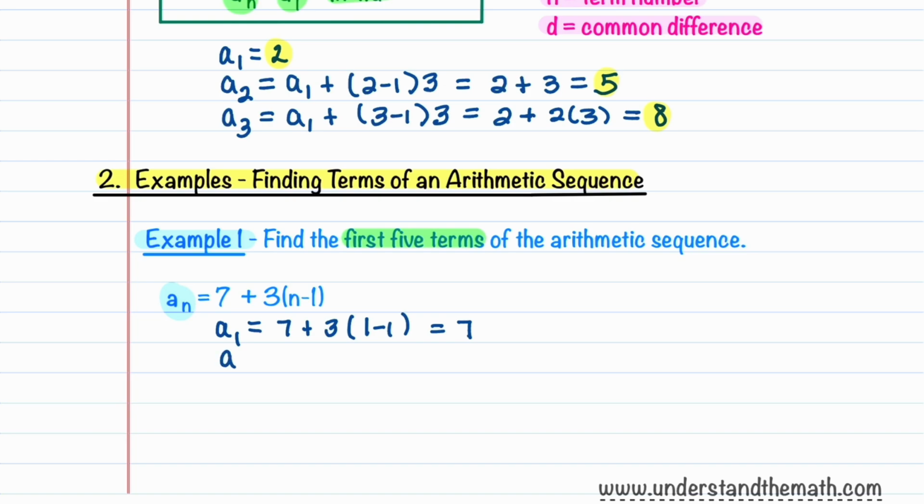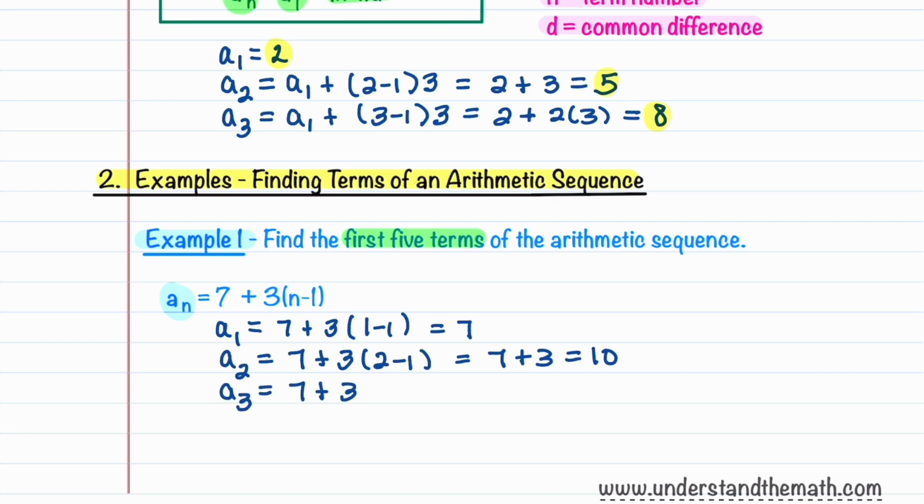Now let's find a2. It's equal to 7 plus 3 times 2 minus 1. This is 7 plus 3, which is 10. Now let's find a3. This is 7 plus 3 times 3 minus 1.